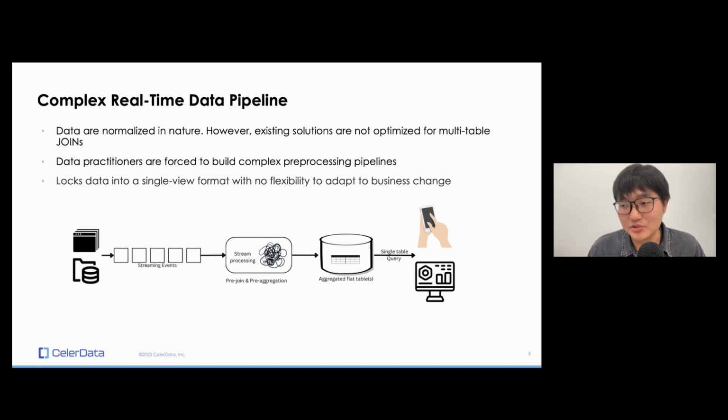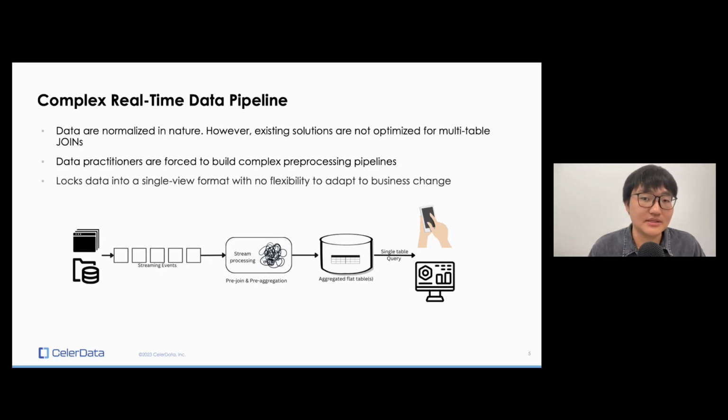And it requires additional infrastructure-level software in your data pipeline, as well as much more labor and engineering effort to make that happen, right?